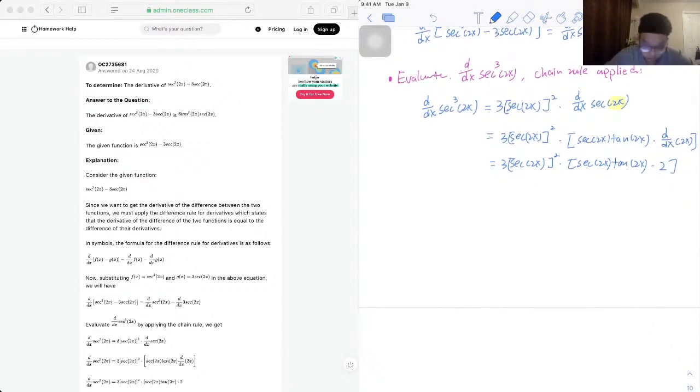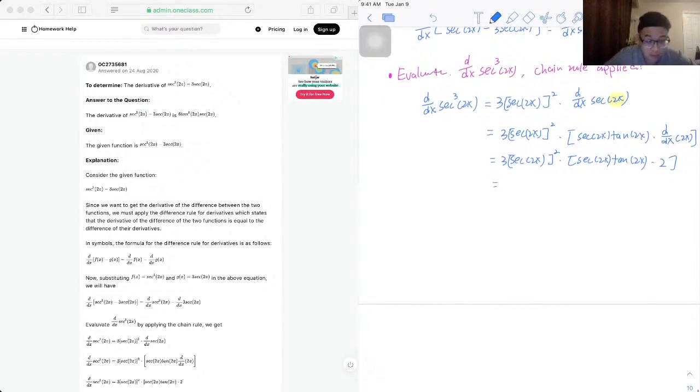Simplifying further, we have our answer for this part, which is equal to 6 times secant 2x to the exponent of 3 times tangent 2x.